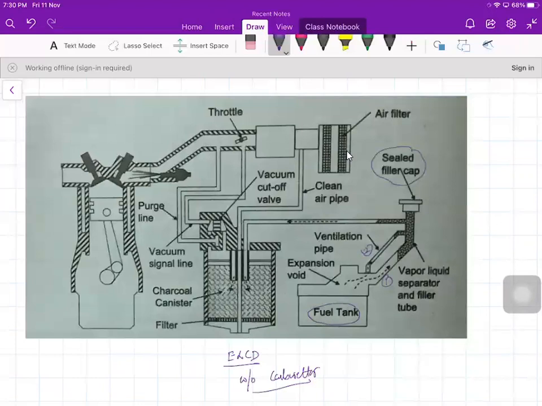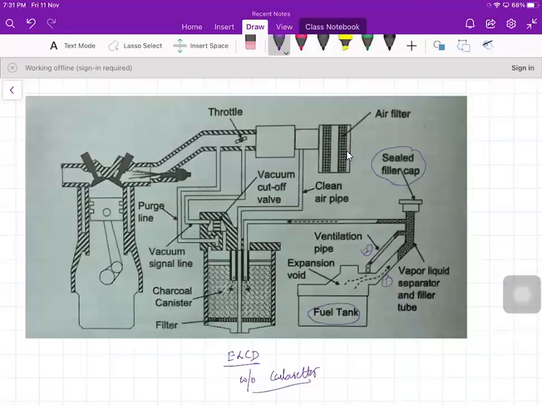Now how does the fuel get vaporized in this tank? Consider that the engine has been running continuously for hours.